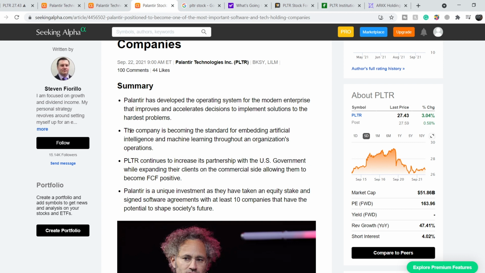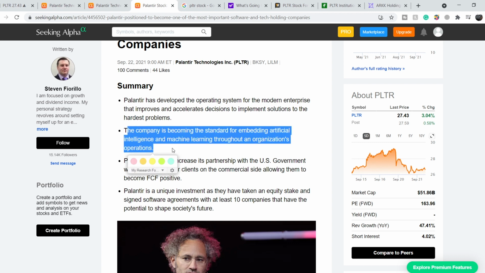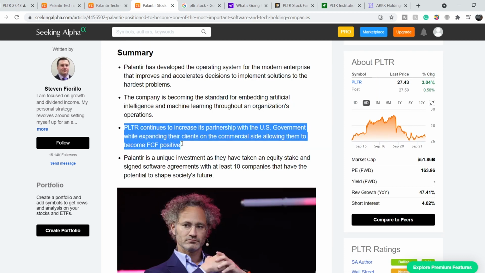The company is becoming the standard for embedding artificial intelligence and machine learning throughout an organization's operations. PLTR continues to increase its partnership with the US government while expanding its clients on the commercial side, allowing it to become free cash flow positive.